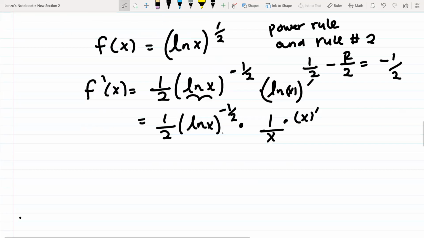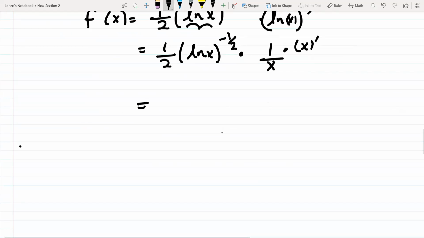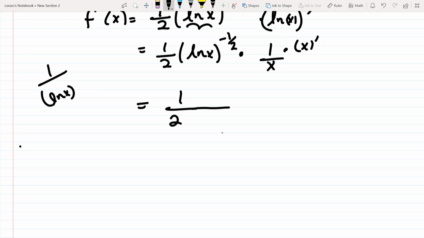Okay, let's clean this up. So this is going to be 1 over 2, and then ln of x raised to the negative 1/2 is equivalent to saying 1 over ln of x to the 1/2, right? And anything raised to the 1/2 is like a square root. So this would be 1 over the square root of ln of x.